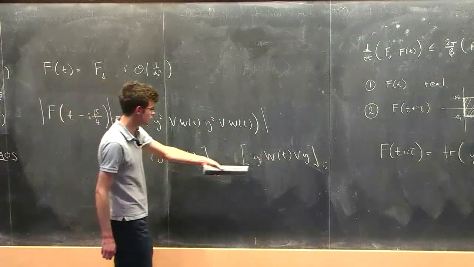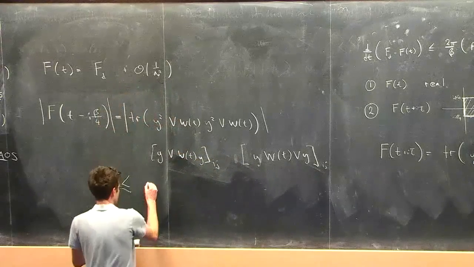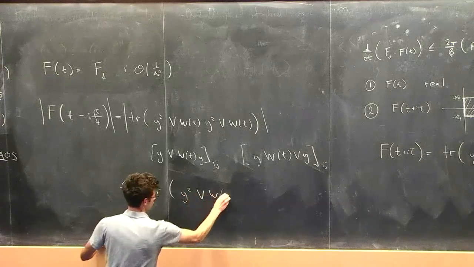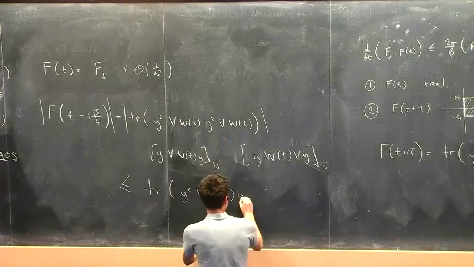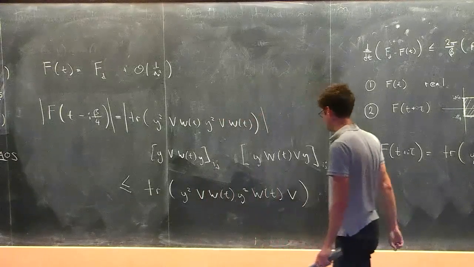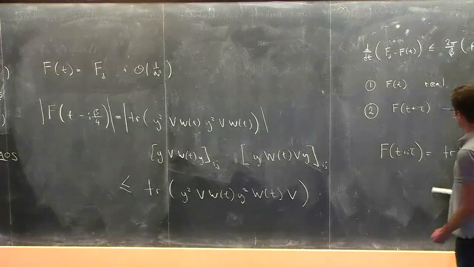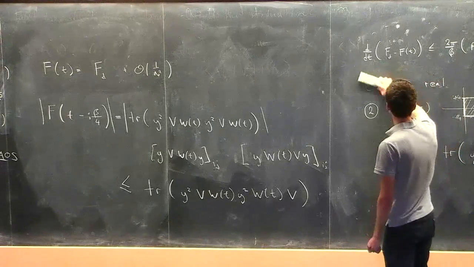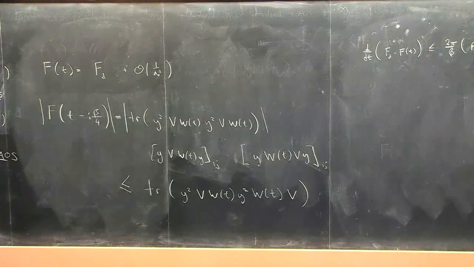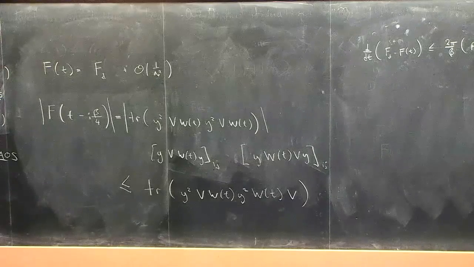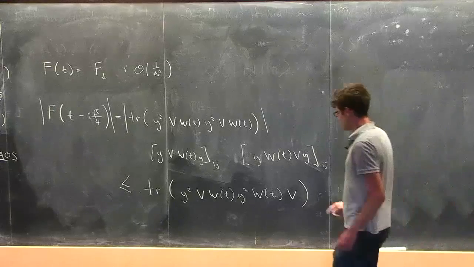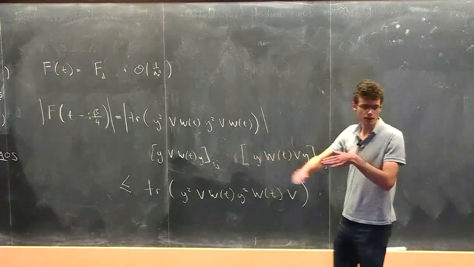It turns out that these norms are equal to each other, and they're given by the trace of y squared v w of t times y squared w of t v. Now, this is an inequality that holds on the top and the bottom edges of this strip.